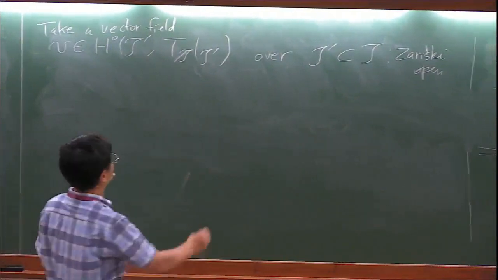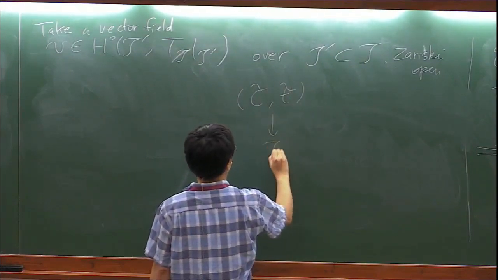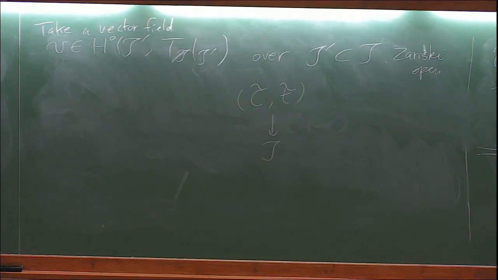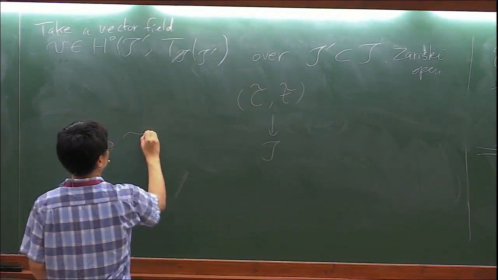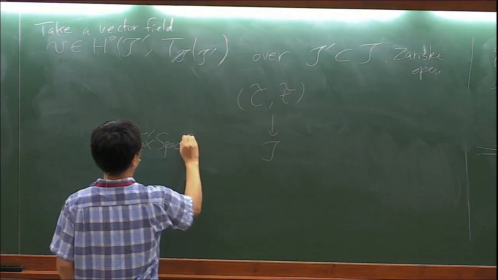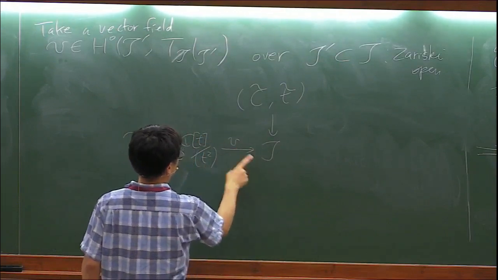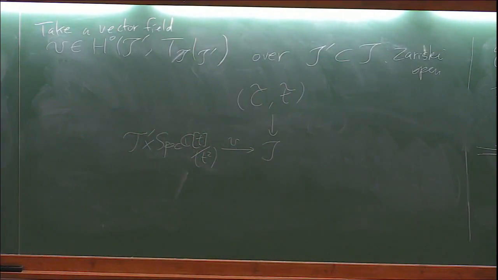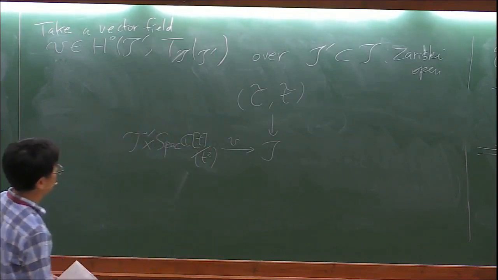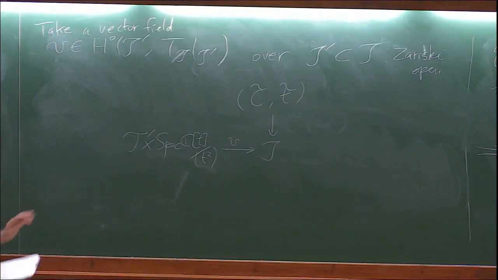Then there is a family of n-pointed curves over T. And this tangent vector field corresponds to a certain morphism from T prime cross spec Ct over T square to this space T, such that the restriction to T prime is the given inclusion.